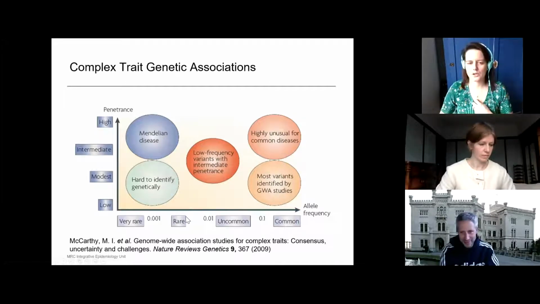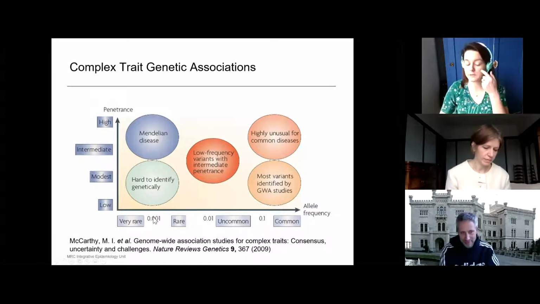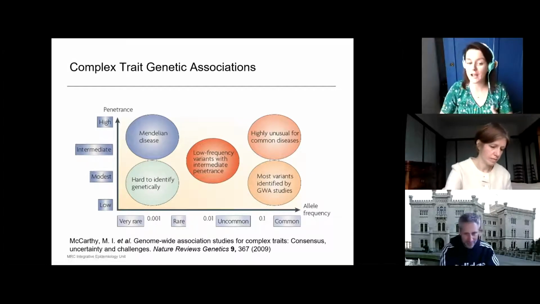You may have come across Mendelian genetic diseases that are influenced by SNPs or variants that are very rare, but have a really high penetrance.